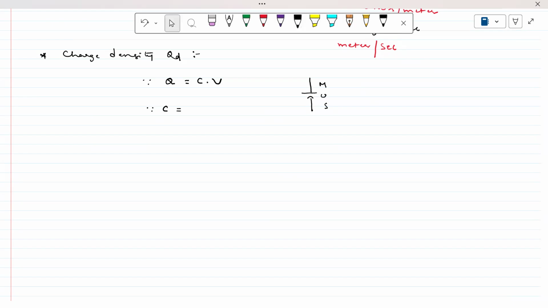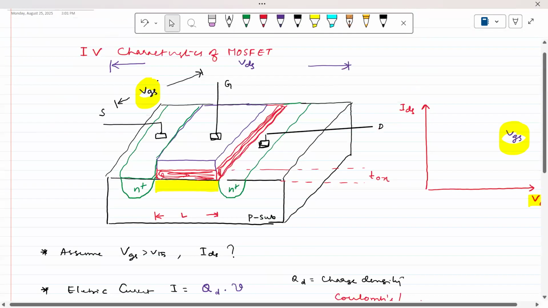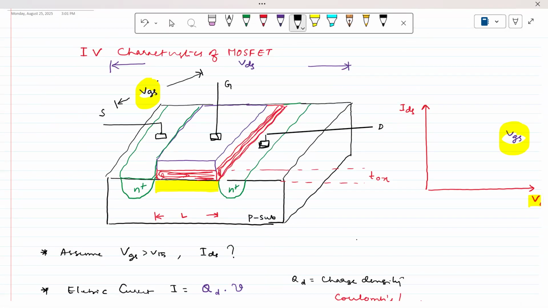As we know very well, the length of the channel, the length of this capacitor, is available, and the width of this capacitor is also known. And the oxide thickness is Tox. So these three parameters are enough to calculate the C value.